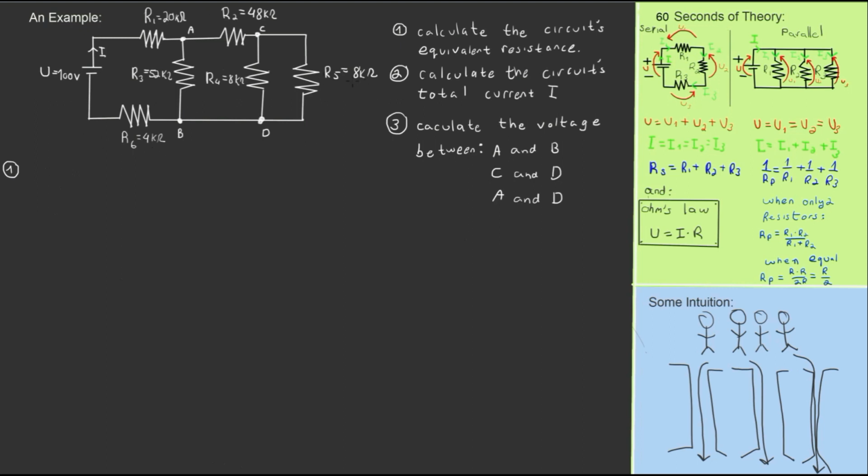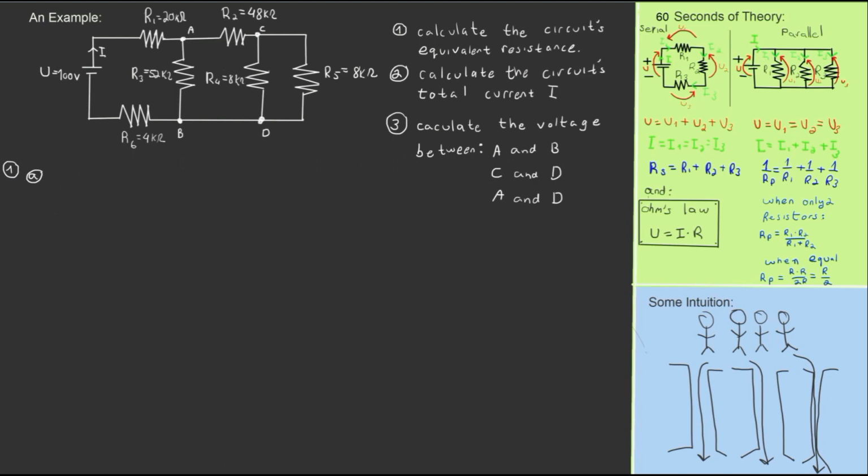And the first thing that jumps out at me is that R4 and R5 are connected in parallel, because they're both connected to the same junctions, C and D, and therefore they can be simplified into a single resistor according to the formula of equivalent resistance in parallel. So that would definitely be my first step for simplifying the circuit.